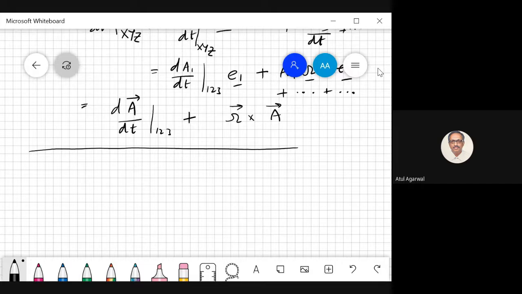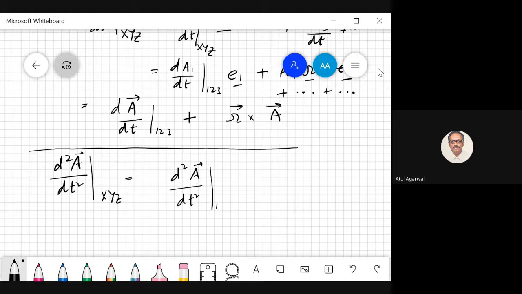So now I want the second derivative of the vector. The first derivative is here. I have to take its derivative. Is it all right?